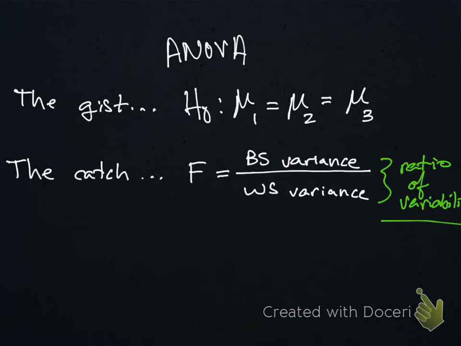So let's take a little step back quickly and talk about our variance terms. In particular, I'm going to talk about our sample variance. Recall that when we're talking about a sample variance, and I'll go ahead and put the equation out here, our sample variance has a very specific formula.